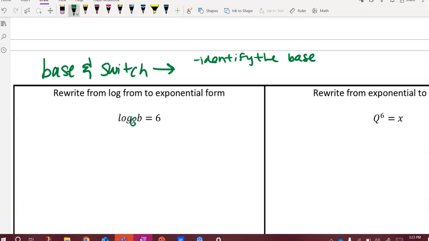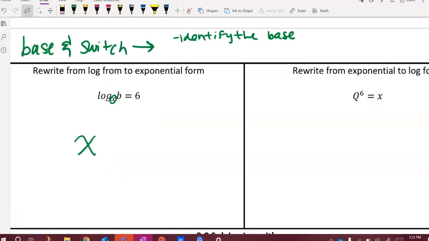So we can start with the base on the log, and that base becomes the base of the exponent. Or backwards here, we have the base of the exponent becomes the base of the log. So let me just start over again. All right, so we need to identify the base, and the other two switch places. One goes in and one goes out.